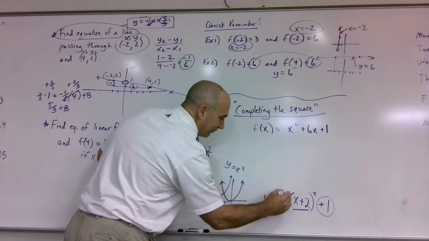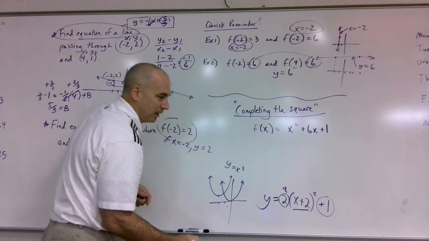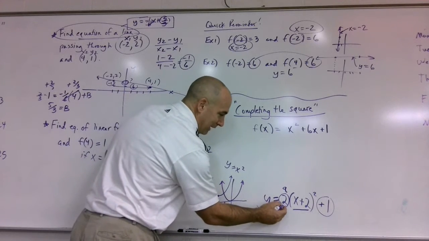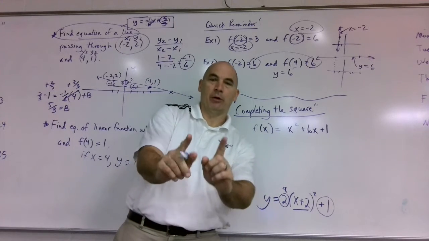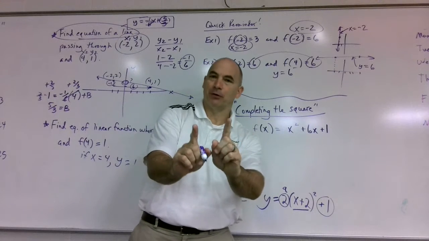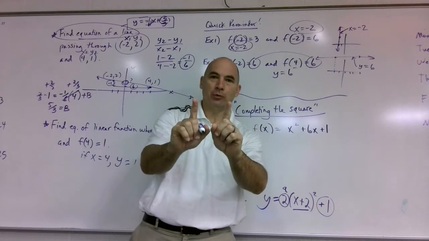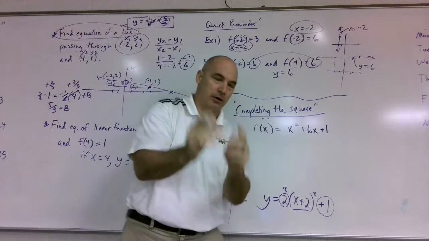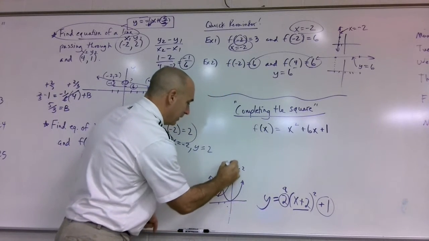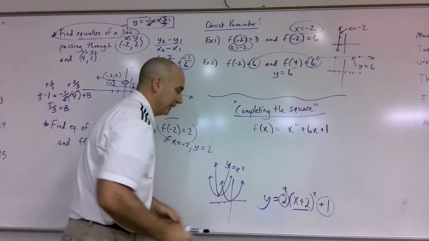This right here is my A, okay? So that is going to make it vertically stretched by a factor of 2, which means it's going to be horizontally shrunk. It's just going to go screaming up a lot faster, and there it is.